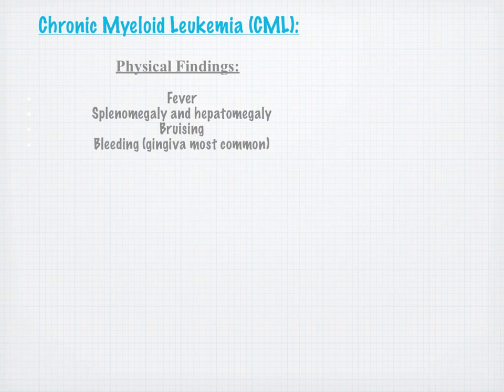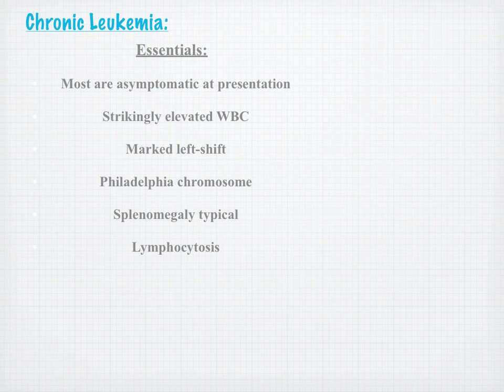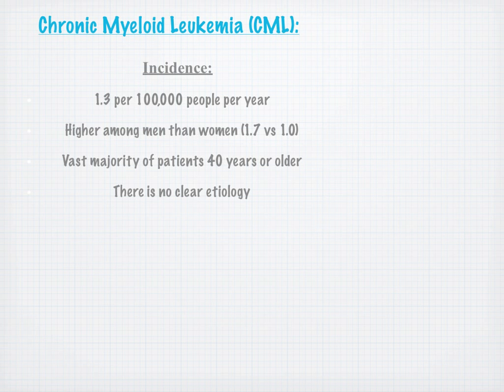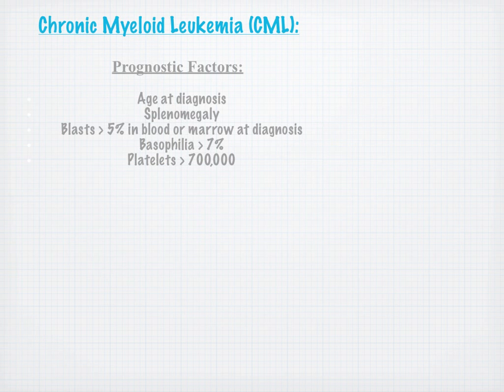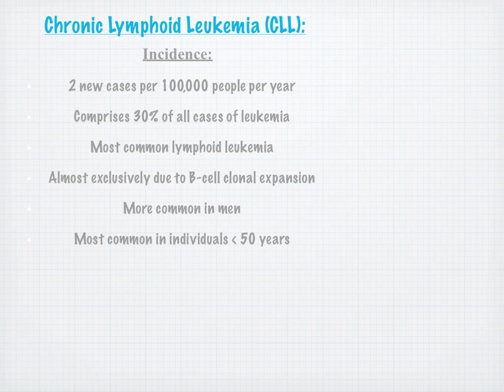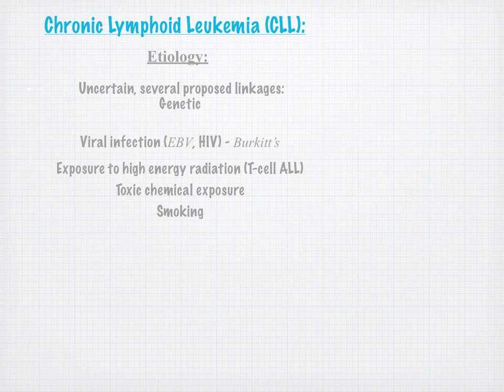Let's go back. Nope. Vast majority of patients 40 or older. That's CML. Vast majority of patients 40 or older in chronic myelogenous leukemia. And now chronic lymphocytic, we have most common individuals less than 50. So not a lot of contrast there.